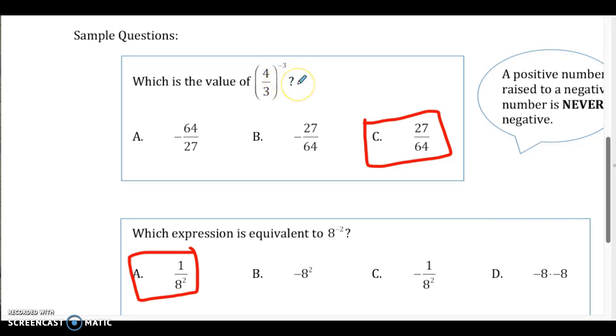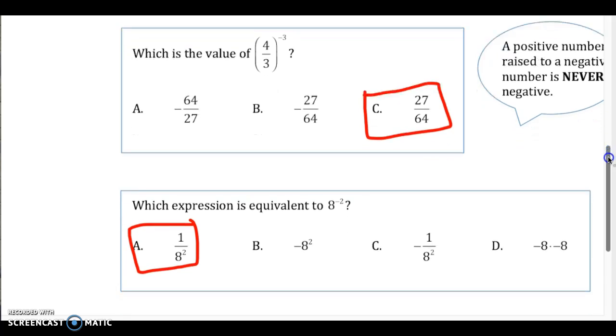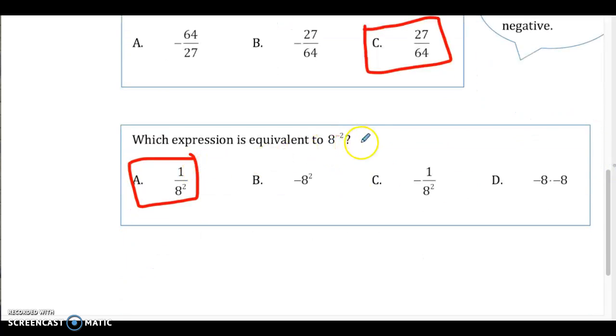What that means is the reciprocal of 4/3 times 4/3 times 4/3. So you're actually going to flip those over and you're going to have 3/4 times 3/4 times 3/4. Something like 8 to the negative 2, it's going to be, again, the reciprocal, so it's 1/8 squared, or 1/8 times 1/8, which is going to give you 1/64 in the end.